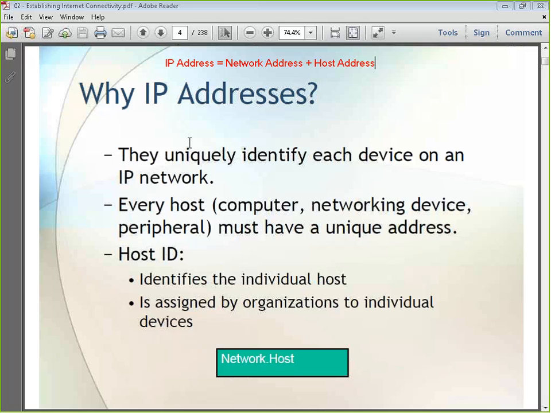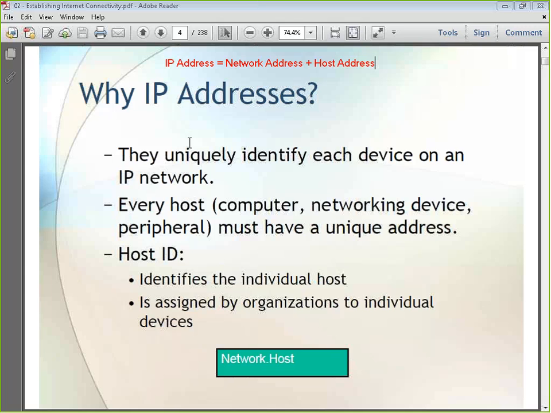Okay, now let's talk about what this network address is and what this host address is. Let's first discuss network address. Network address, also referred to as network ID, is nothing but an identifier that is used to define an IP network.